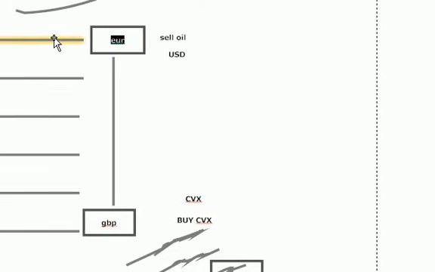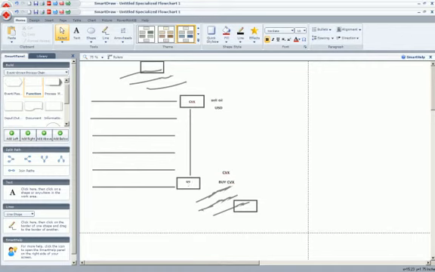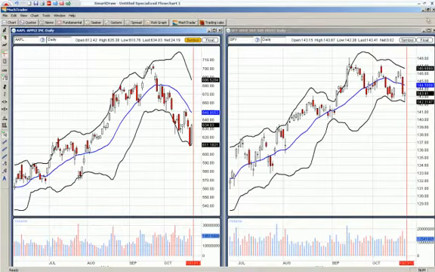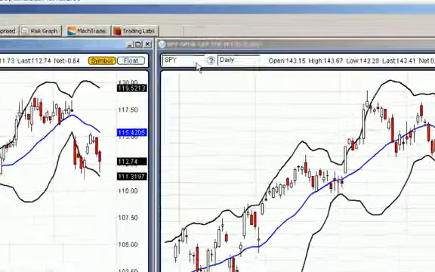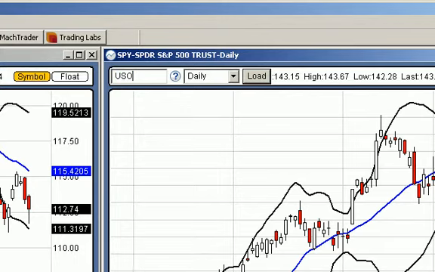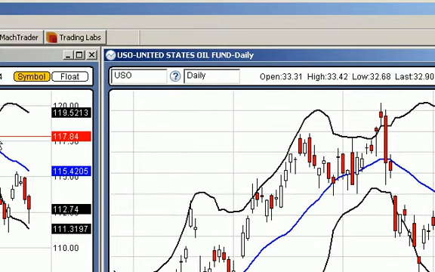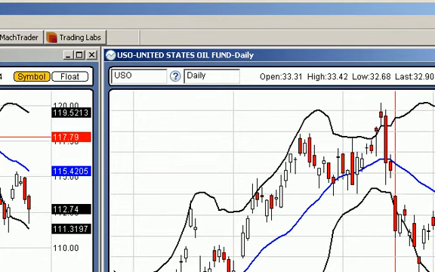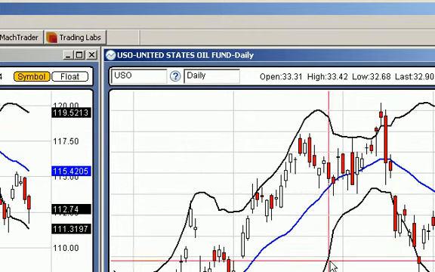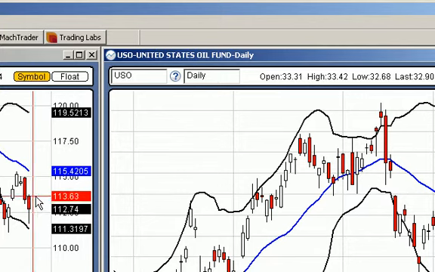This also, though, happens with things like CVX, which would be an oil stock, and US dollars. So the reason I'm going to bring this up is because this is really important, because this is how the world works and how companies make money. If you were to take CVX, and you were to take over here oil, USO, and you found a time when it was at the top here and at the bottom down here, so right towards the top there, or outside the Bollinger Band, and this one's at the bottom, you start to buy USO and you sell CVX.